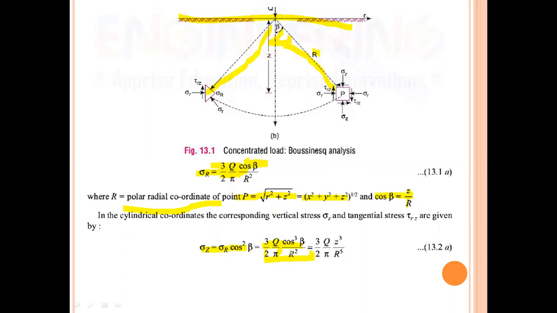Here cos beta into cos square beta multiplied gives cos cube beta, that equals 3 by 2 into Q by pi. We know the cos beta value is z by r, substitute. Then finally z cubed by r cubed into r square gives r power 5. So the final value is sigma z equals 3 by 2 into Q by pi into z cube by r power 5.